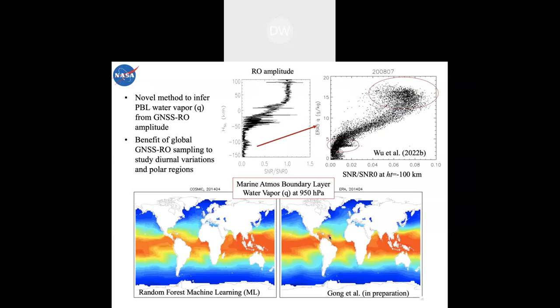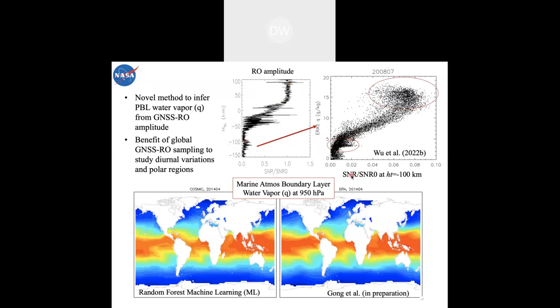We are also using this data in the lower part of the ionosphere. This is a profile I showed you earlier, the amplitude of GNSS as a function of straight-line height. The information from this amplitude, very low, way below the surface, which is the code behind the Earth, is apparently correlated very strongly with water vapor in the boundary layer.